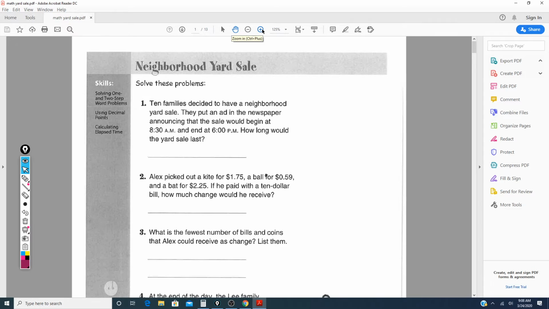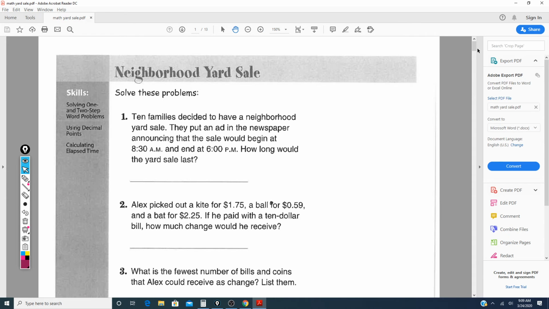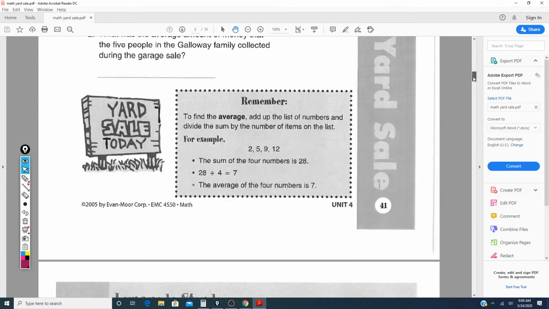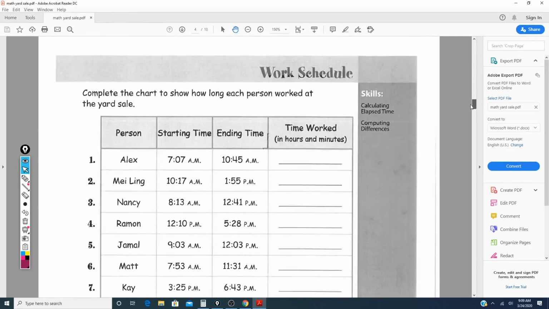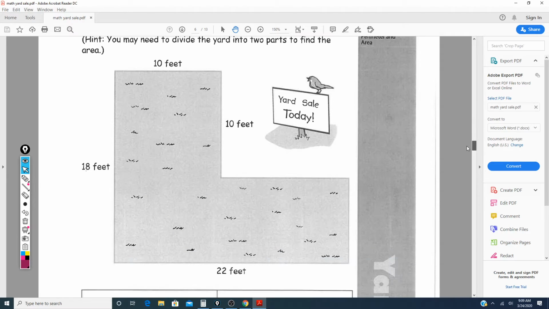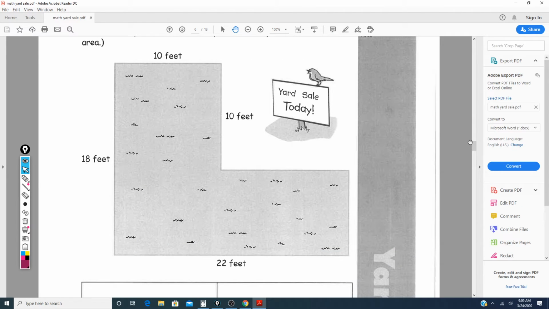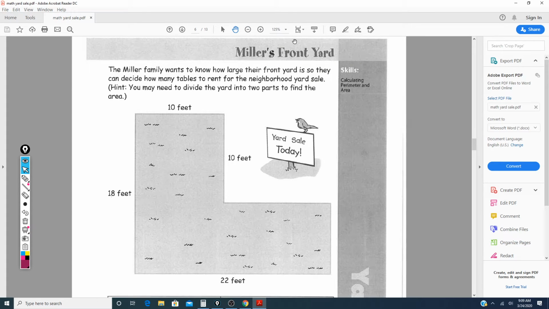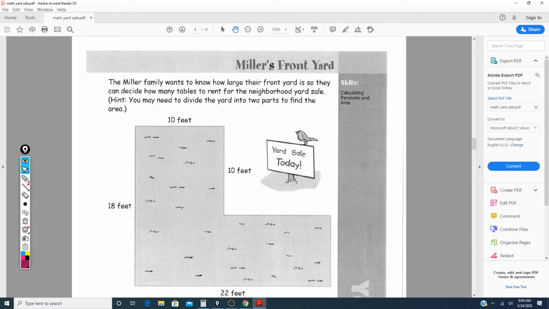Let's zoom in. And the one that I really wanted to get started with and review, sorry for the nauseating ride down there, is the one called Miller's Front Yard.